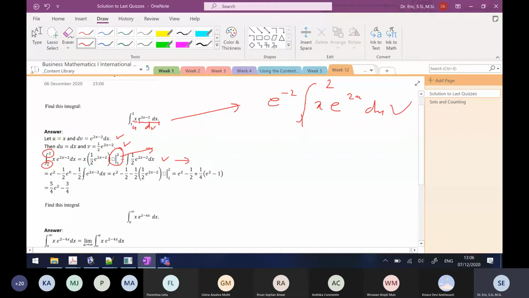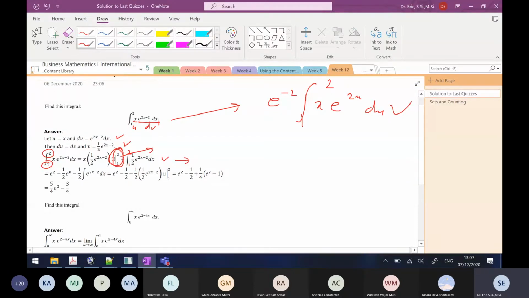You don't have the evaluation mark here. Don't forget, this is a definite integral, so you will have the same definite integral from 1 to 2. Don't forget the evaluation mark; it is evaluated at 1 and 2.